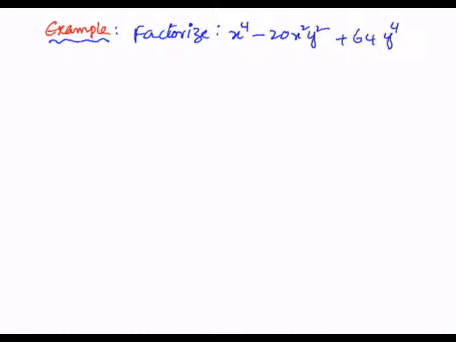So here the solution starts. In order to find the factors of the monic expression, let us factorize x to the power of 4 minus 20 x square y square plus 64 y to the power of 4.